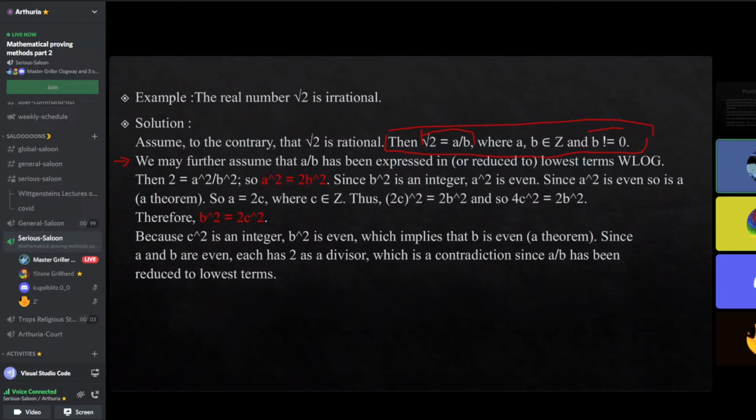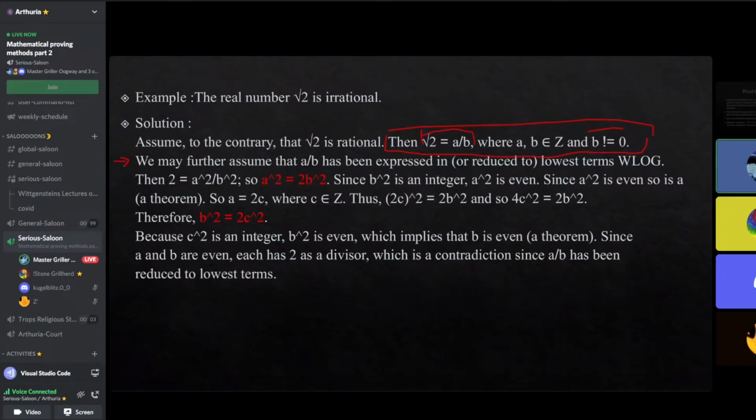In this case, what without loss of generality is referring to is that we can assume that the fraction a over b is reduced to the lowest terms. Reducing to the lowest terms in mathematical methodology means that the two numbers do not have a shared divisor. There is no number which divides the first number and the second number in natural numbers except the number 1.